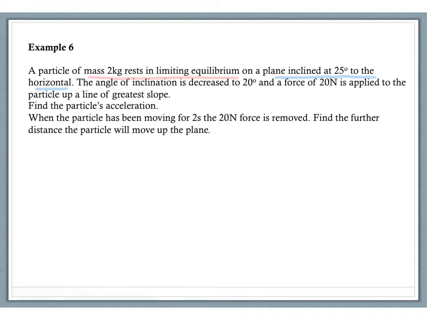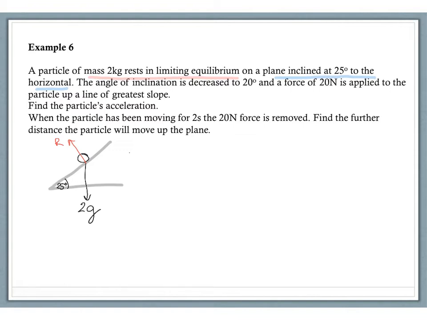So initially, what we have is our plane. Here's our particle. Weight 2g, 2 kilograms, multiplied by the acceleration due to gravity. Let's instantly put in the normal reaction force, and we're inclined at an angle of 25 degrees to the horizontal.